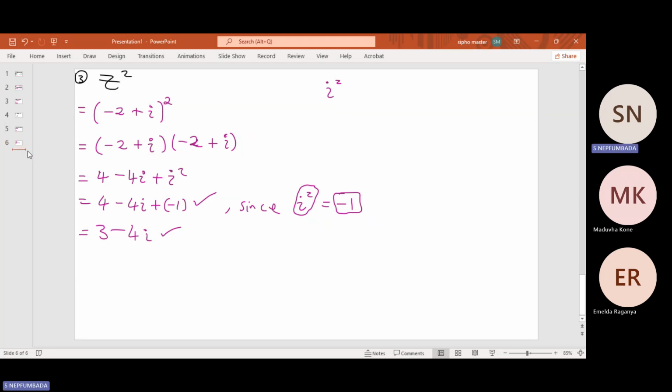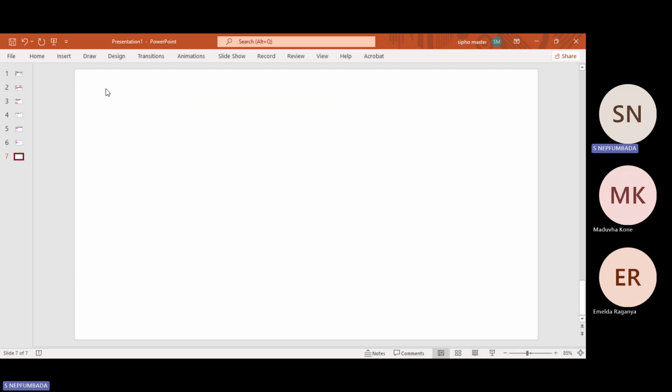Let's go and talk about the polar form, whereby you're going to be introduced to something new. I can see that in your notes something has been written. So let's consider this diagram.